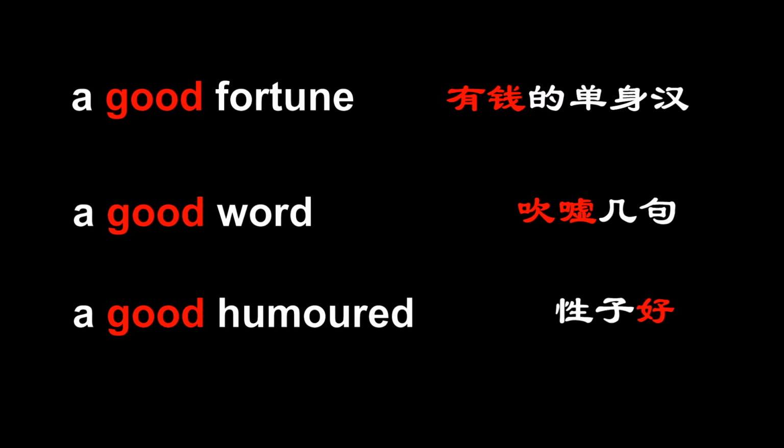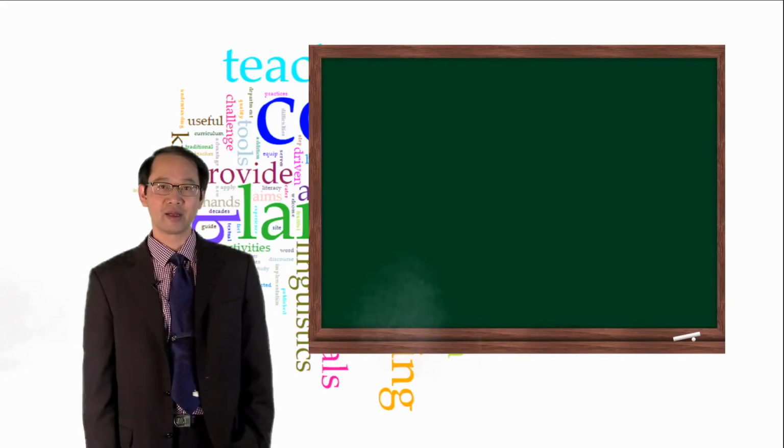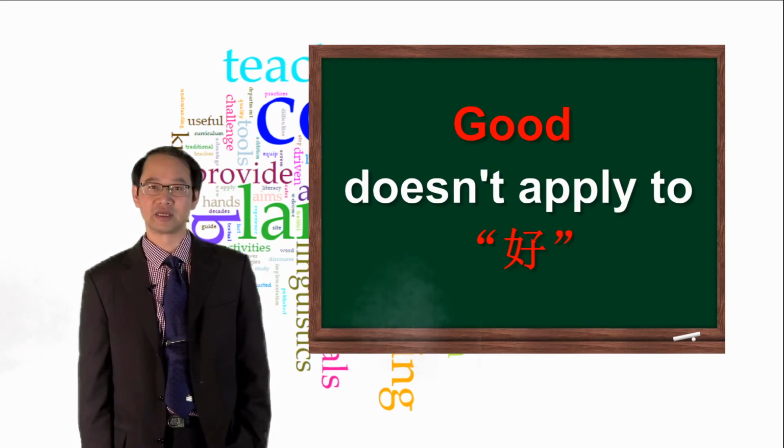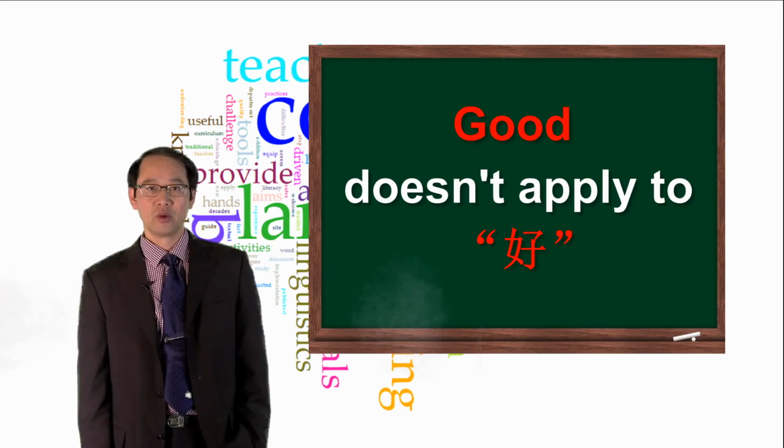性子很好. So by looking at the parallel concordancing output, you will immediately realize that the so-called translation equivalent does not apply quite often. Quite often the word is not translated into that translation equivalent.